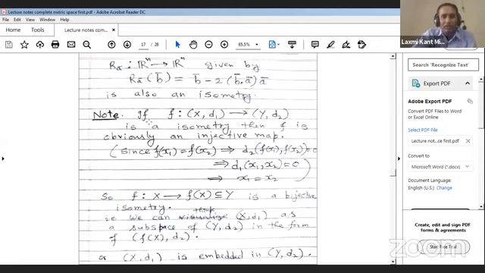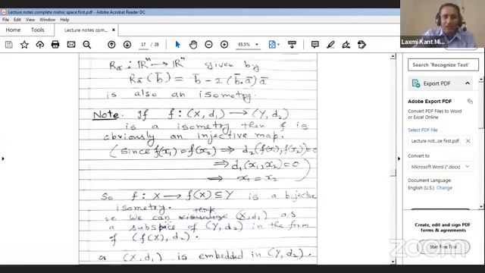Next, we have a note that if f is an isometry from X to Y, then it is obviously an injective map. We have already observed this in the previous lecture. So one can see that f from X to f(X), that means the image of f, is a bijective isometry.